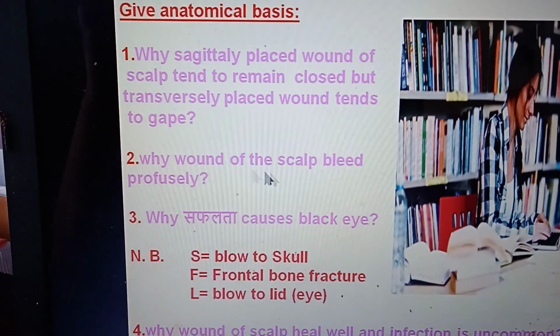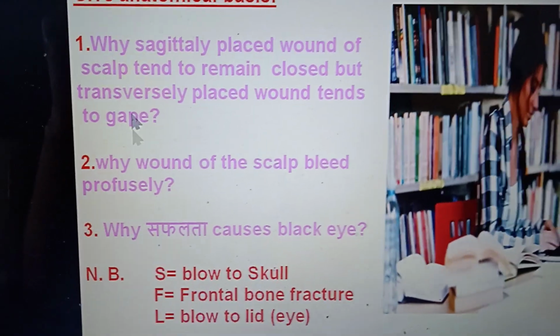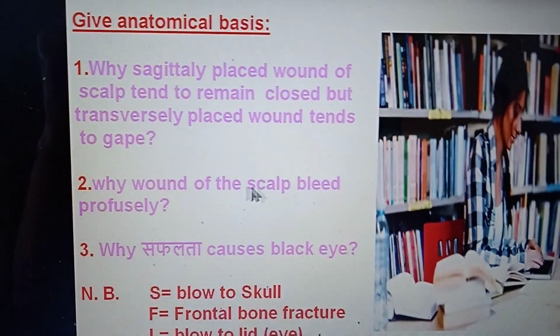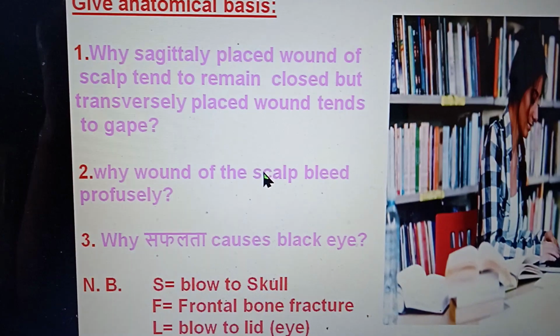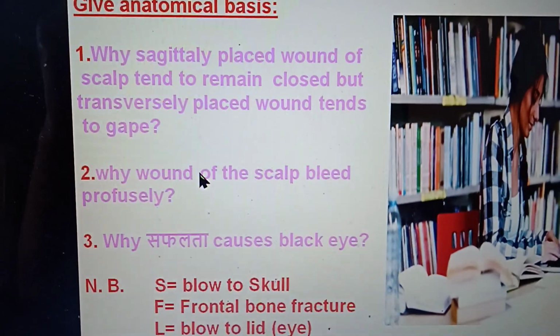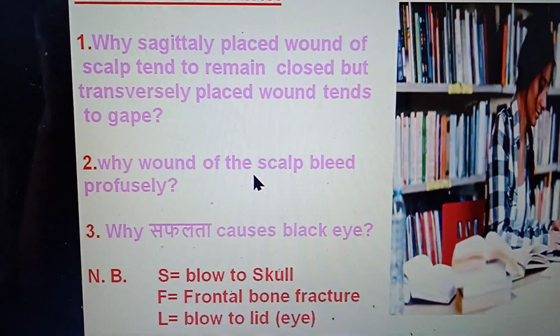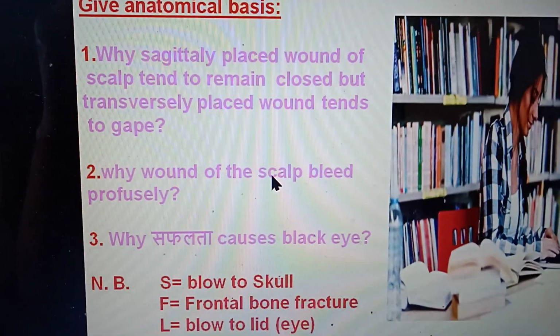And why wound of the scalp bleed profusely? Second question is, why wound of scalp bleed profusely? So what we have learned is that the second layer of scalp, C for connective tissue, is the connective tissue layer, in which there are many compartments, and each compartment contains one vein, one artery, nerve and hair follicle.